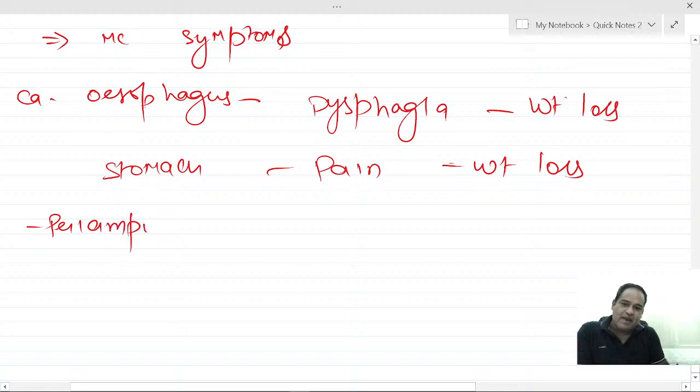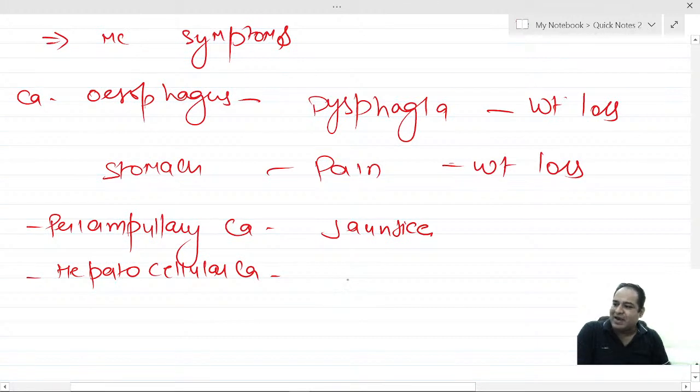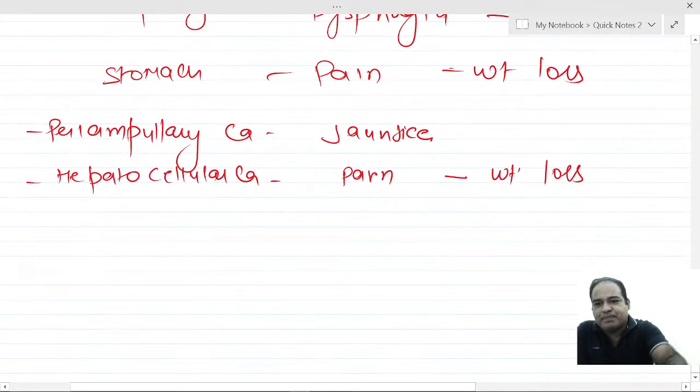In periampullary carcinoma, it would be jaundice. In hepatocellular carcinoma, it would be pain followed by weight loss.